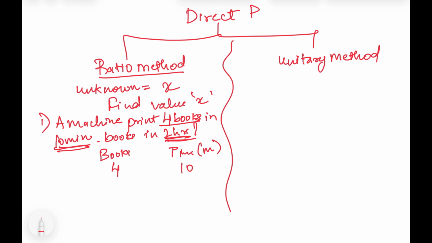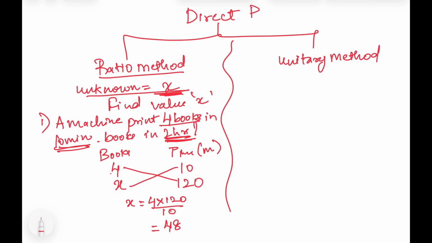As I told you, we take the unknown number as x. We don't know the number of books, so we take it as x, in how many minutes? 2 hours. 2 hours is equal to 120 minutes. So 4 books in 10 minutes, x books in 120 minutes. Now just cross multiply. So what do we get? 4 into 120 upon 10. So the answer is 48.